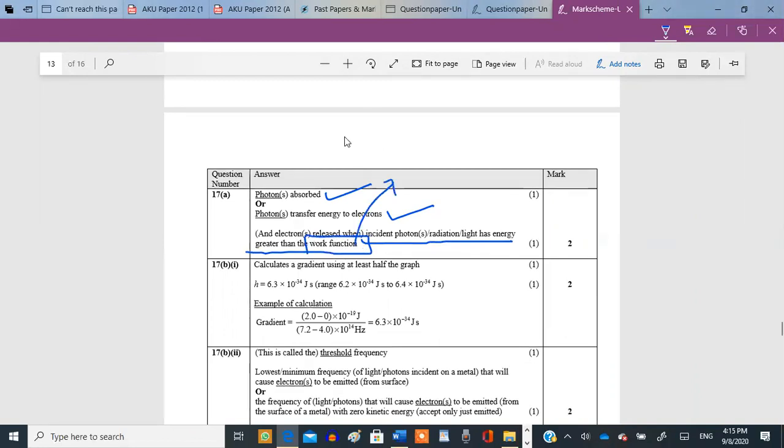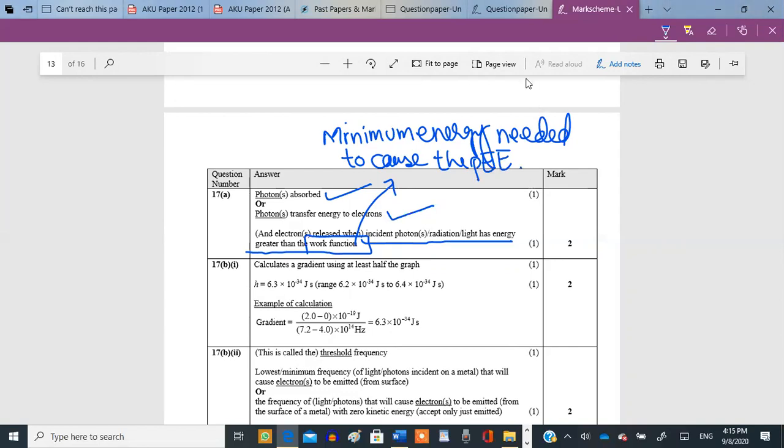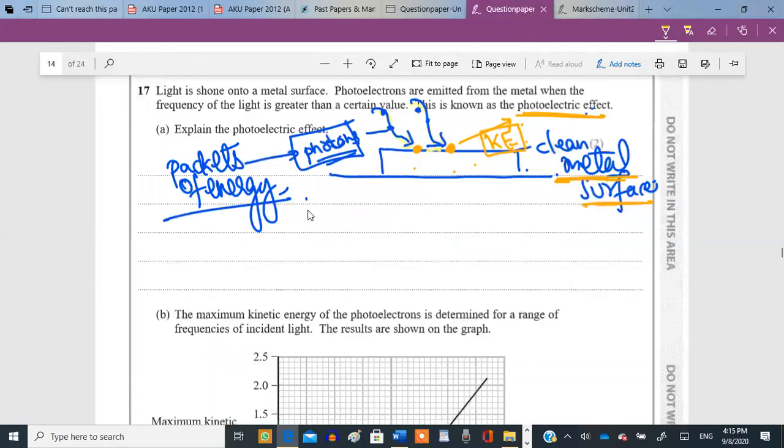Work function is the threshold or the minimum energy needed to cause the photoelectric effect. The minimum energy that photons must possess.